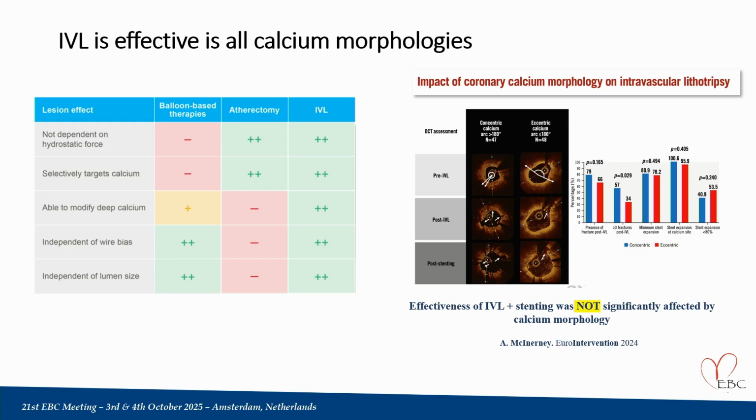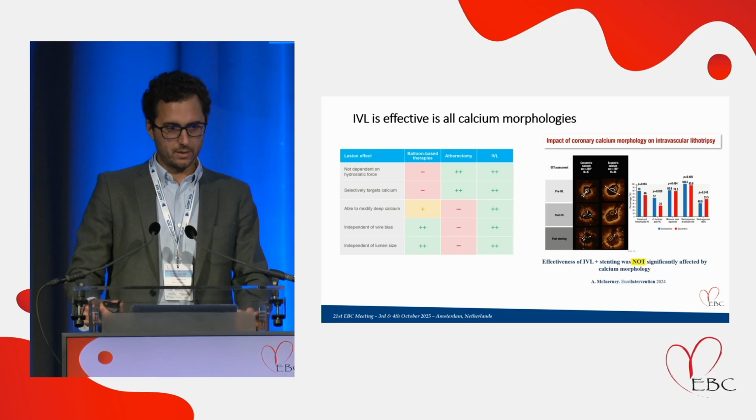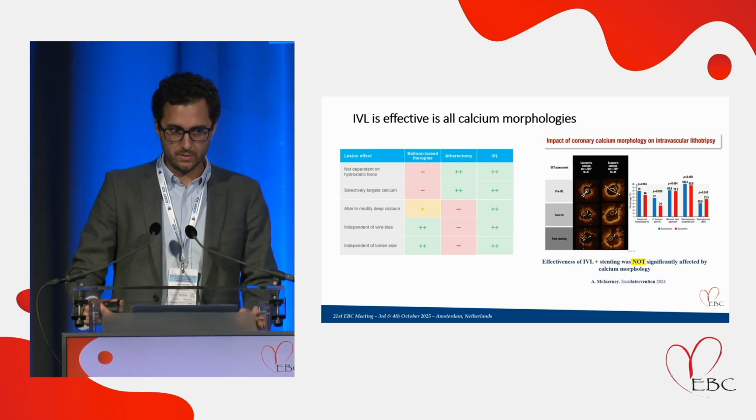Compared to other balloon-based therapies, atherectomy or IVL, we can see the potential theoretical advantages of IVL. We're not depending on hydrostatic forces, it selectively targets calcium and not the soft tissue surrounding the calcification, it is able to modify both superficial and deep calcium, it is independent of wire bias, an issue that we confront on a regular basis when using atherectomy devices, and it is independent of lumen size as well, right?